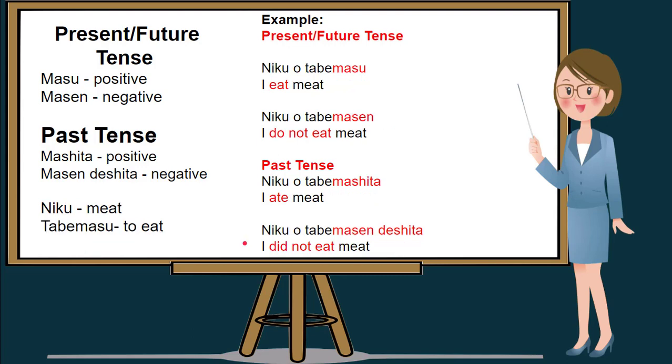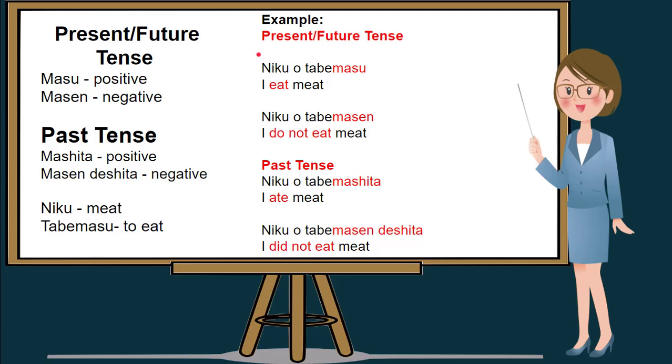Let's try to create another sentence using the present or future tense, mas and masen, and past tense, mashita and masen deshita. In order for us to create a sentence, we will be using the following words in Nihongo. Niku means meat and tabimasu means to eat.